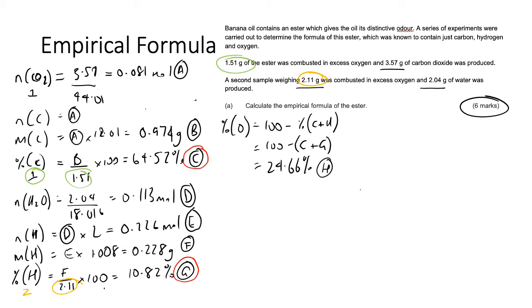So now that I've got the percentages of all three, I need to convert them all into the mass in 100 grams. Now, it's really important to show that you're actually doing this, otherwise you don't gain the mark.